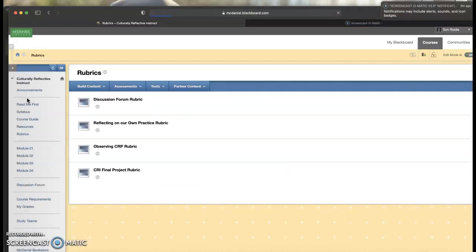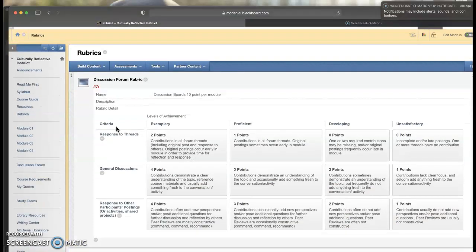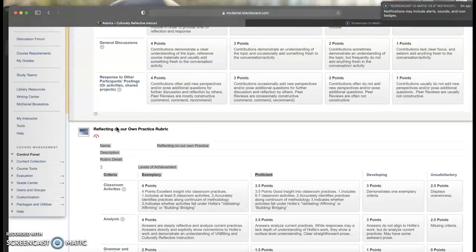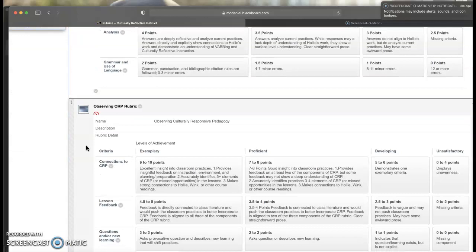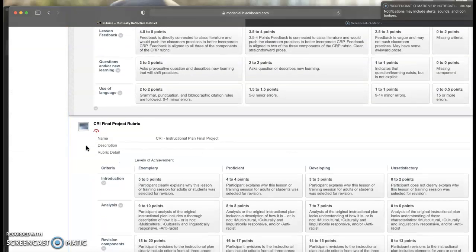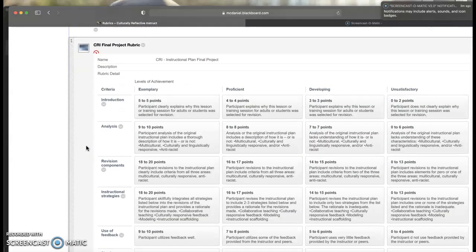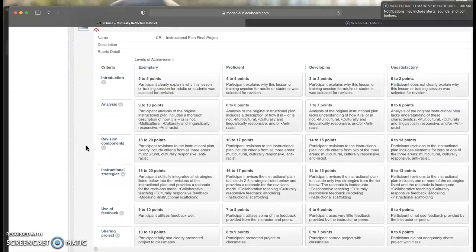The rubrics are here for each of the assignments, including the discussion board, reflecting on your in-practice rubric, which you'll be doing in this module, the observation rubric, which you'll be doing in Module 2, and then the final project, which you'll be doing in Module 3 and Module 4.